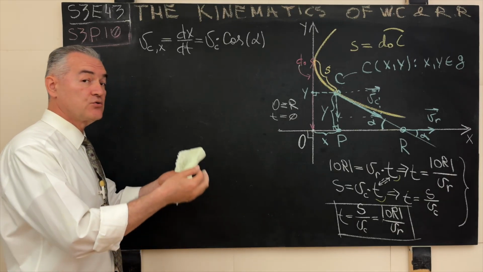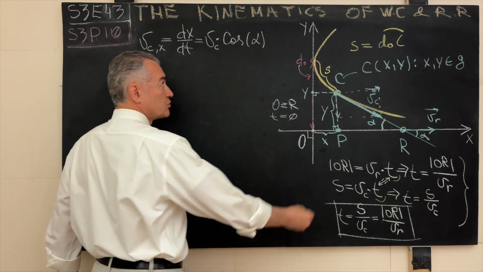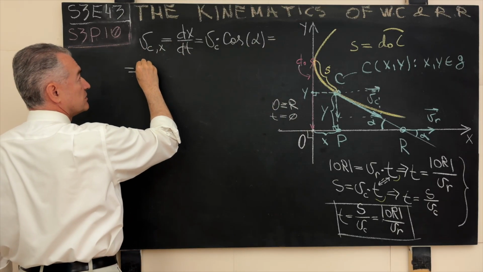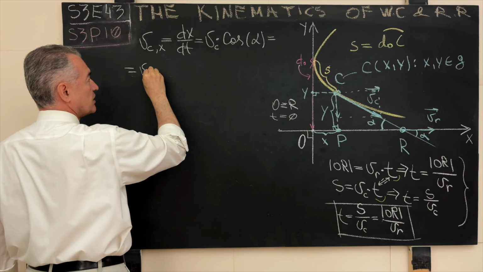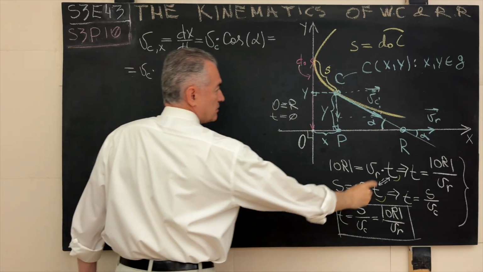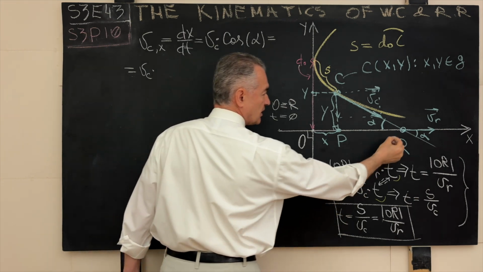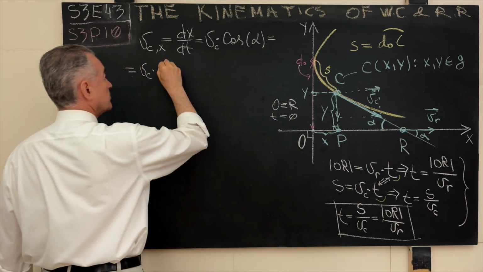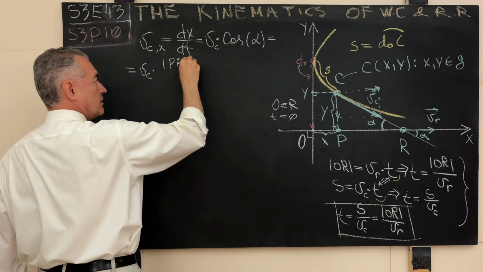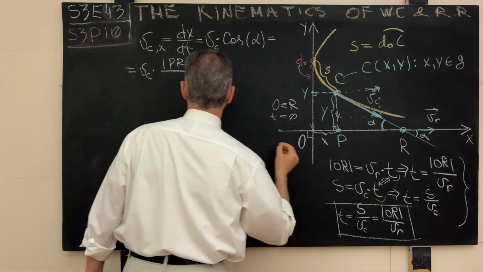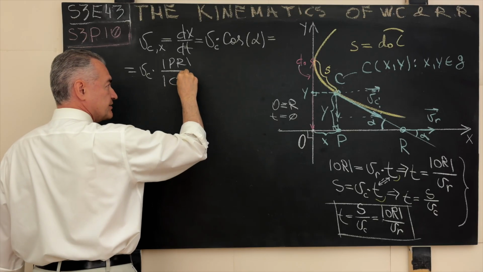But here we go back to middle school. In middle school terms, what is this cosine? It will be the distance PR divided by the distance CR.